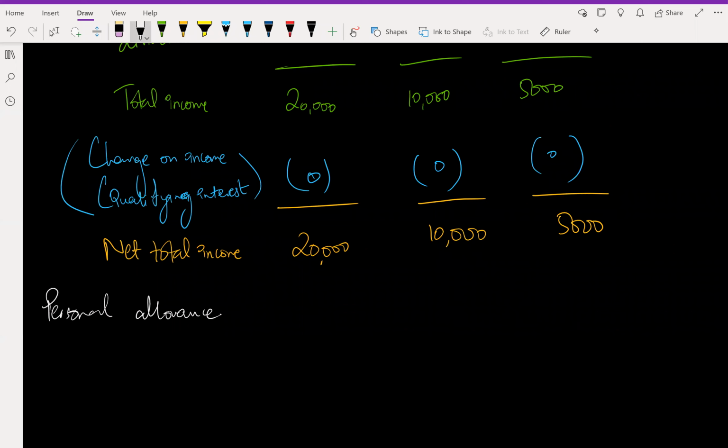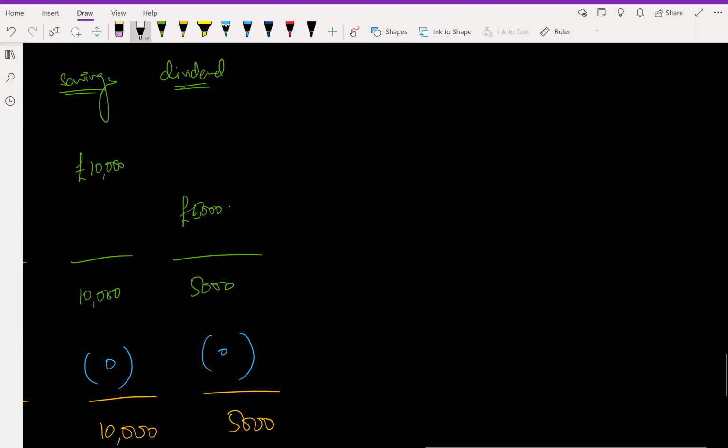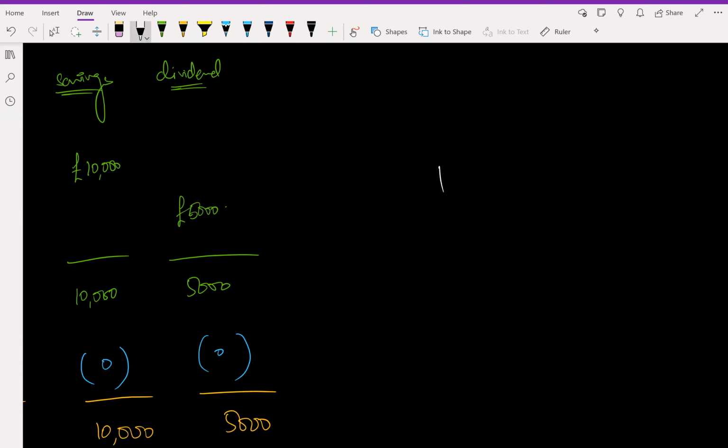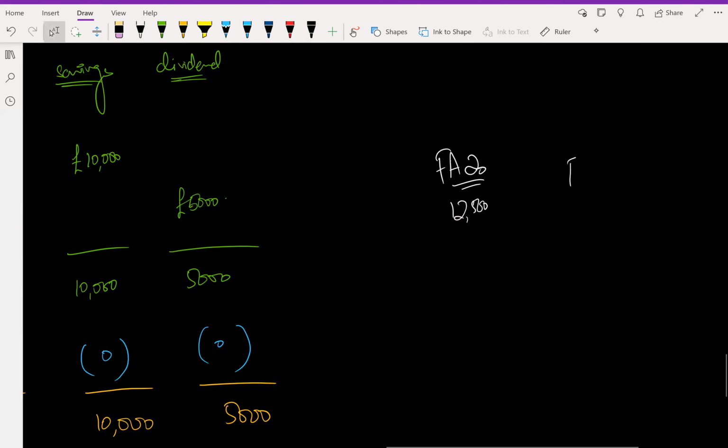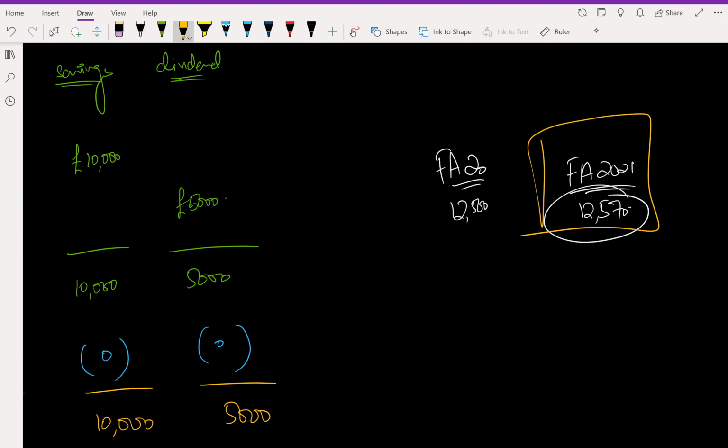As per law, which was applicable last year, that means Finance Act 2020, it was 12,500. As per Finance Act 2021 that we're studying currently, it's 12,570. So this is relevant for you guys, 12,570.